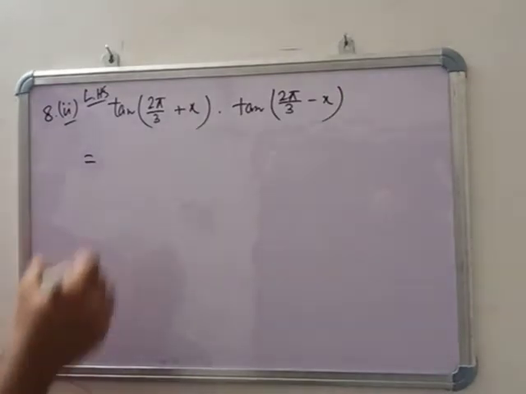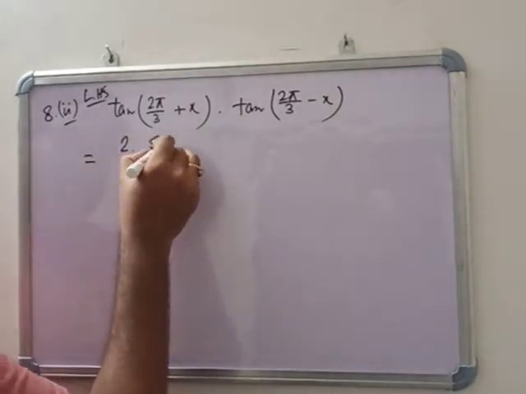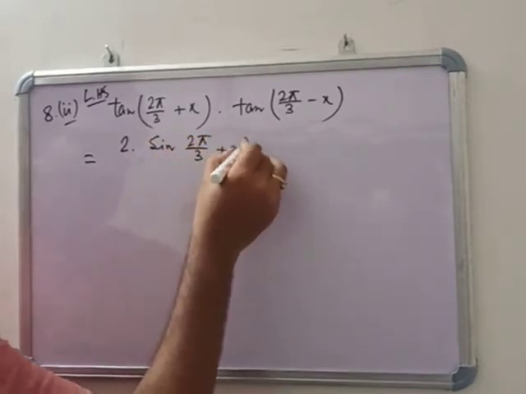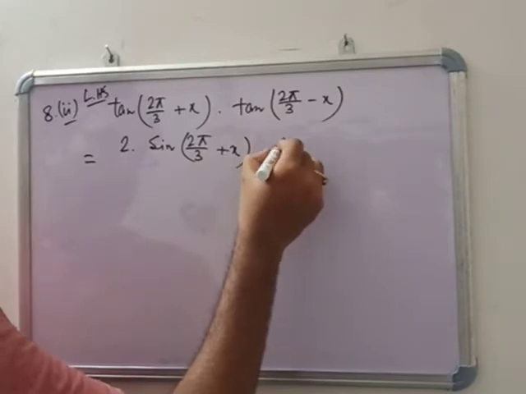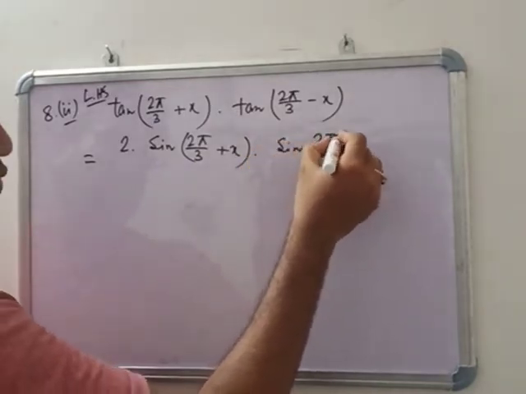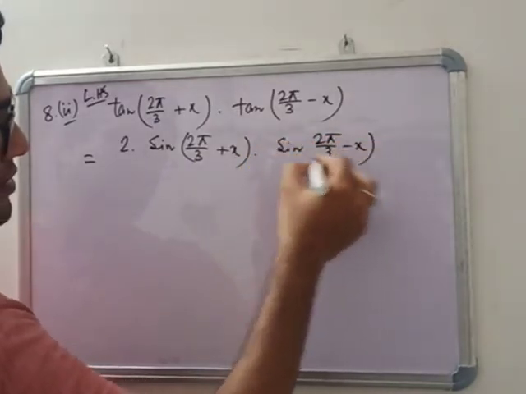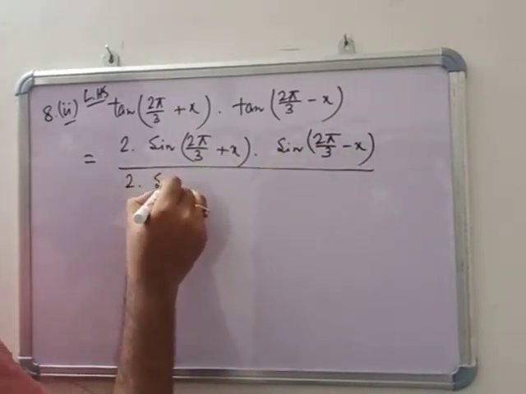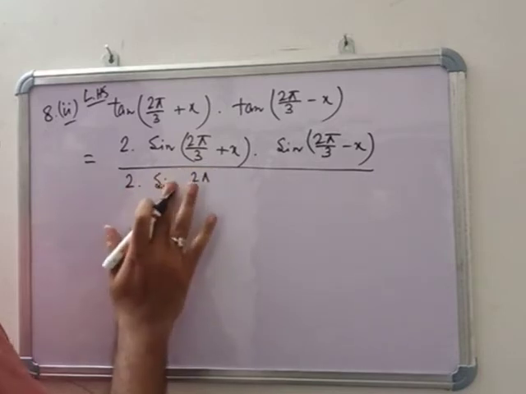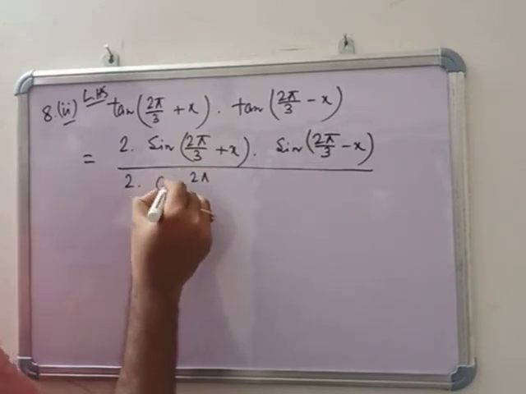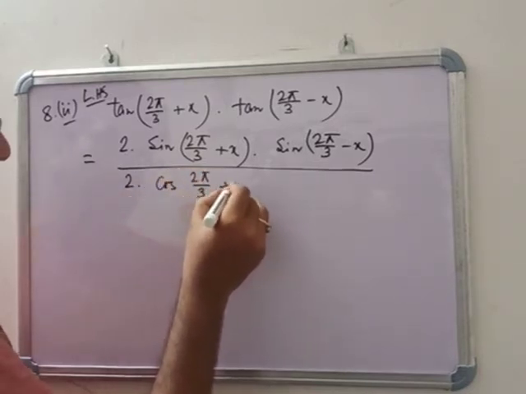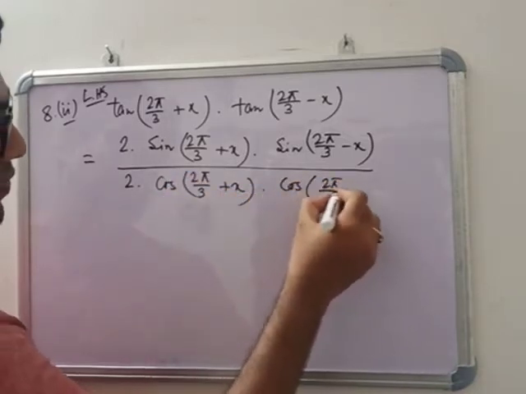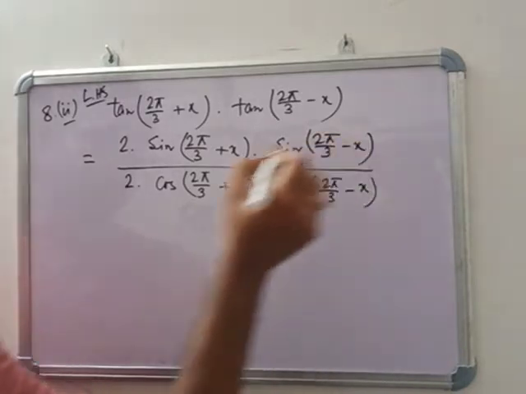So if we multiply by 2, then 2 into sine of 2 pi by 3 plus x into sine of 2 pi by 3 minus x by 2 into cos of 2 pi by 3 plus x into cos of 2 pi by 3 minus x.